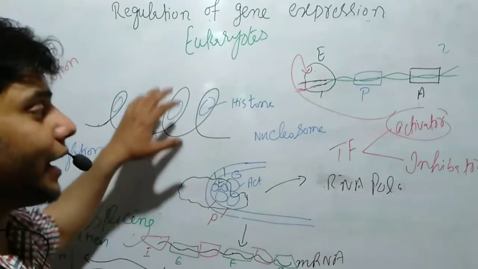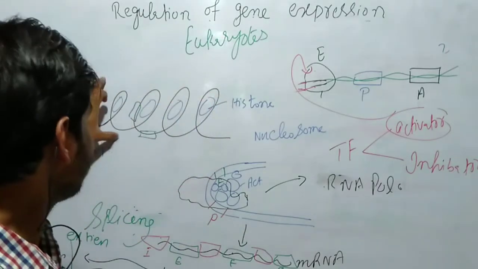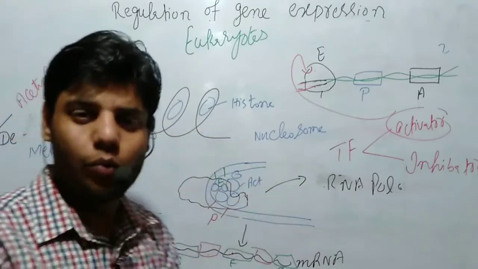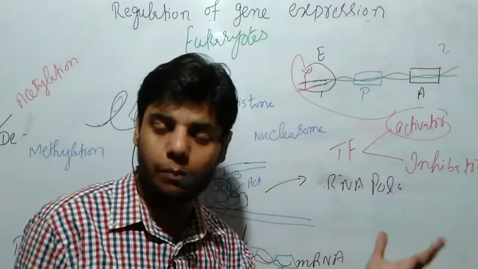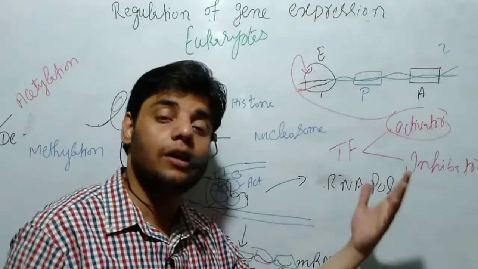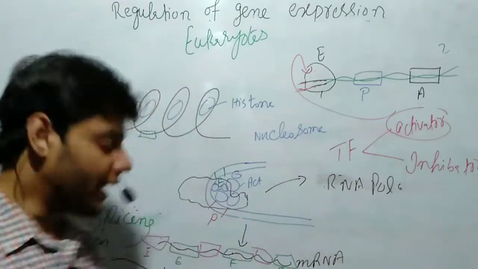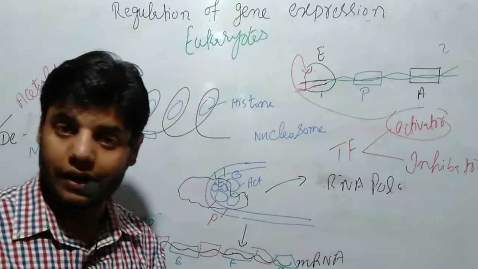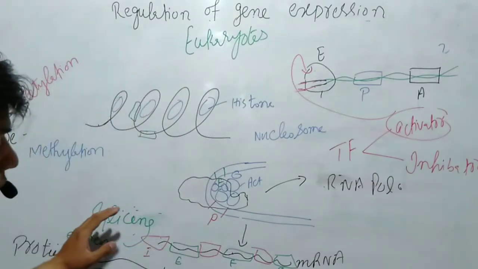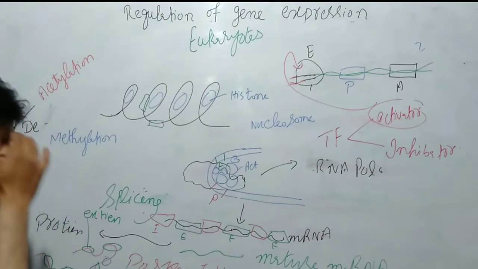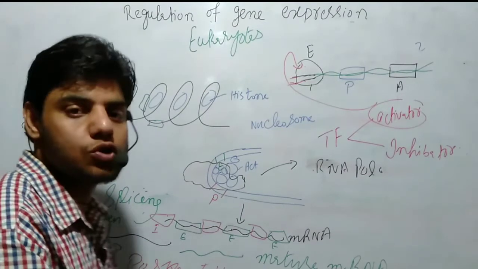It will be regulated at this coiling and recoiling, which is the transcription of the DNA portion. It will be regulated at the post-transcription level, and it will also be regulated at the post-translational level. When we get the protein, then this protein is used by the cell.